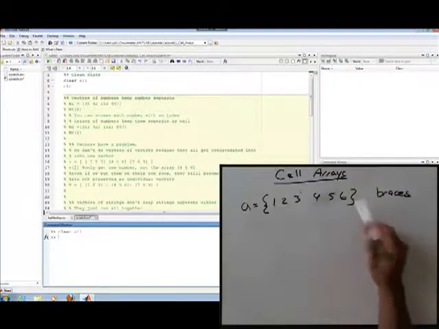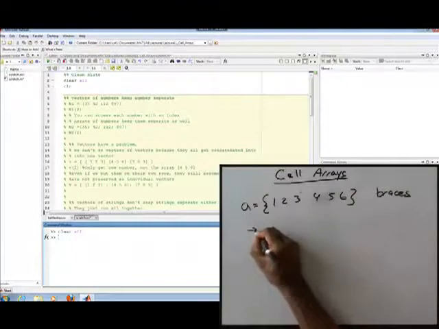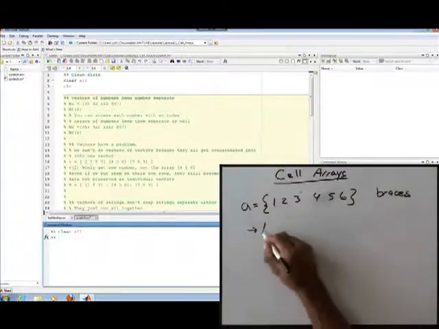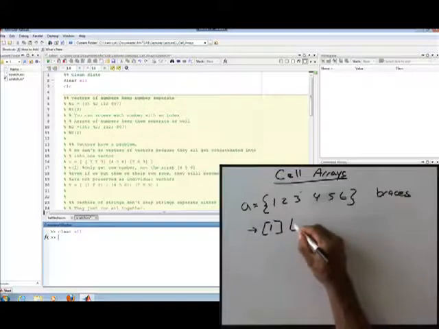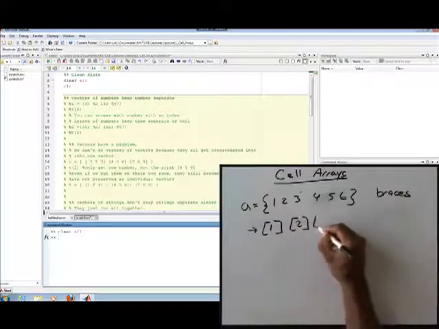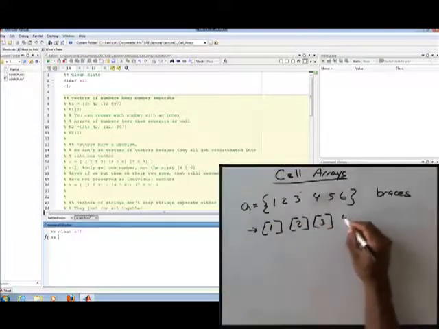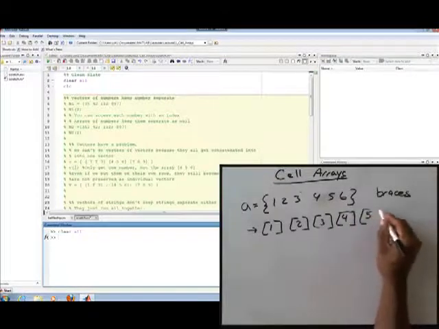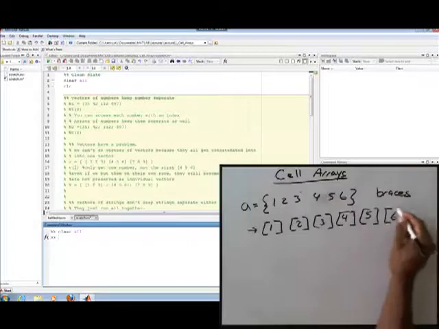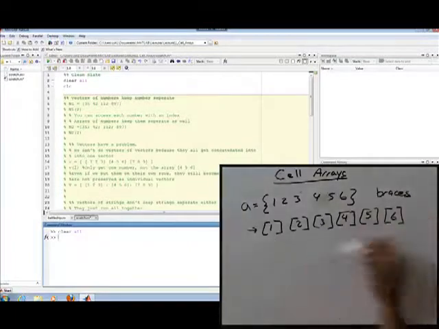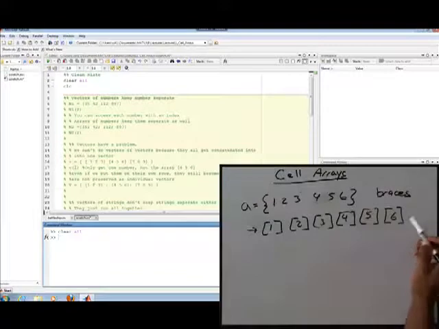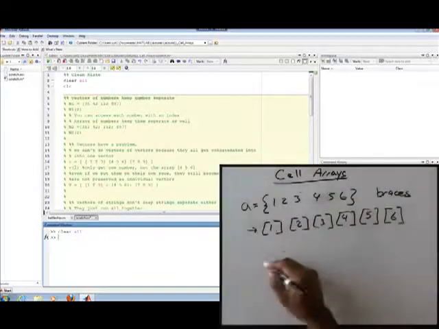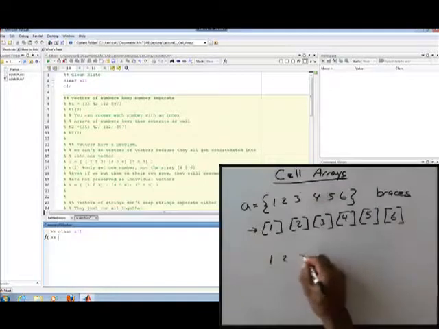So if you were to do this in MATLAB, what would happen when you looked at A, if you hit enter, it would create something that looks like this. Now, I want you to recall, we use these brackets to create vectors, but when they show up in the answers, when MATLAB creates them, keep in mind, if this were a vector, A would just show up as 1, 2, 3, 4, 5, 6.